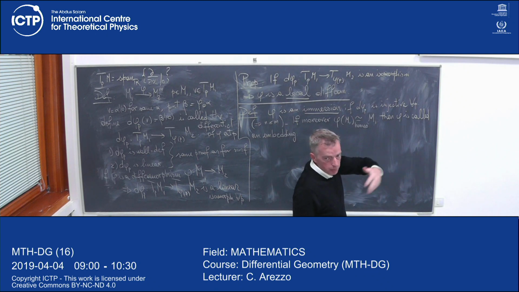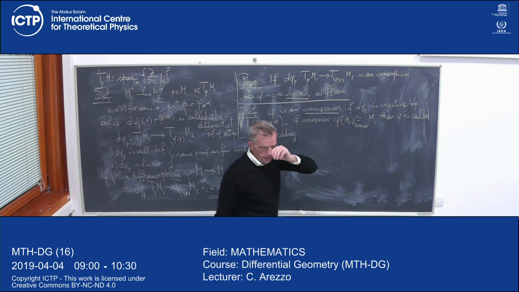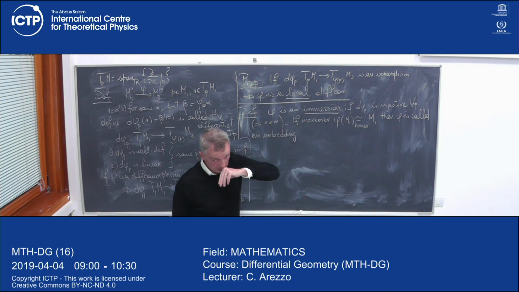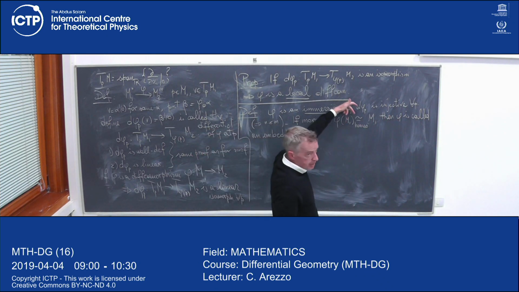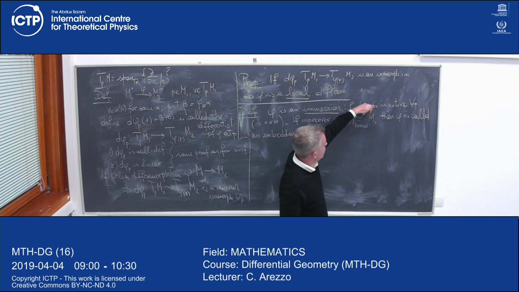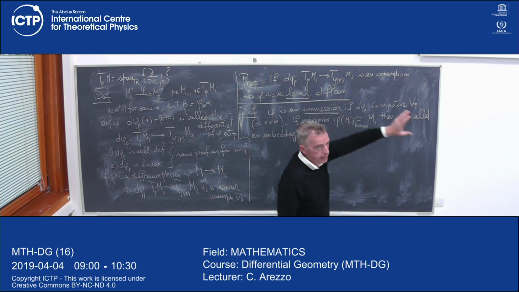Any subset of a topological space gets a topology, the one induced by the manifold structure of M2. So what is written here is that the original topological structure is the same as the one which the image gets from the target.